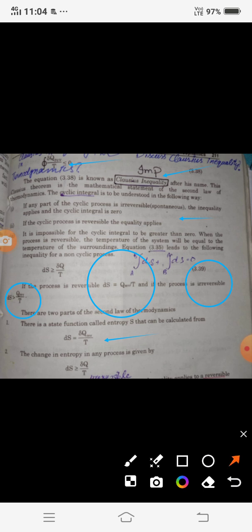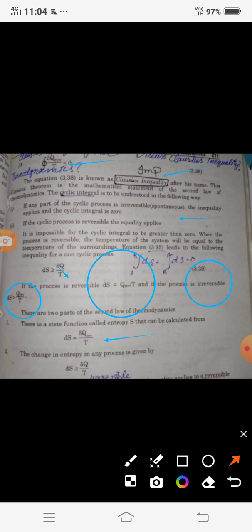Third point is that it is impossible for a cyclic integral to be greater than 0. What is a cyclic integral? Cyclic integral is the heat change divided by the temperature, that is, dq over T, also called the cyclic integral, and it is impossible for it to be greater than 0.